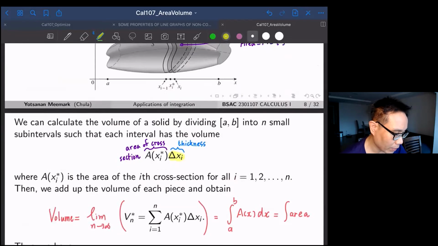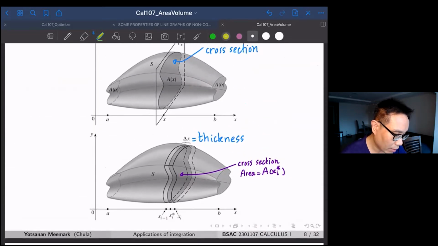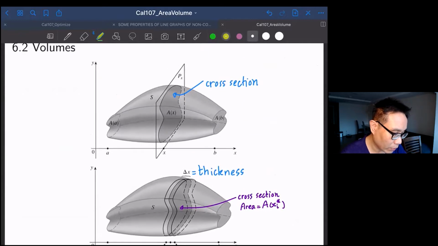Let me point out your A(x) first. Here I point out the cross section. This picture has no thickness. When enlarged, like I said, you divide the interval [a, b] into many, many pieces and the thickness approaches zero. So it's like you integrate the cross-section area.